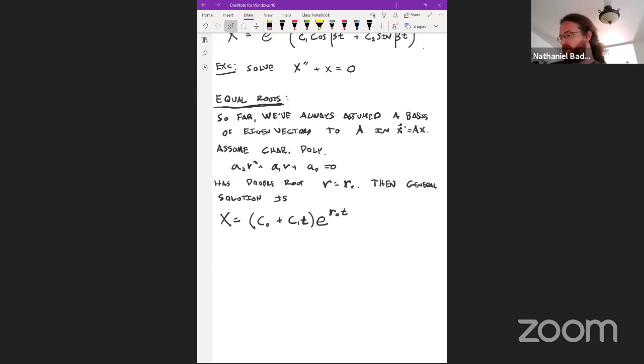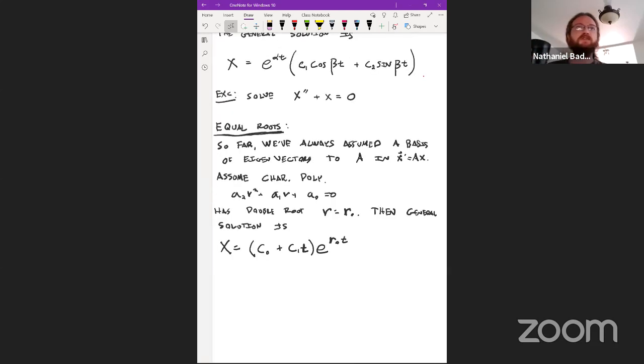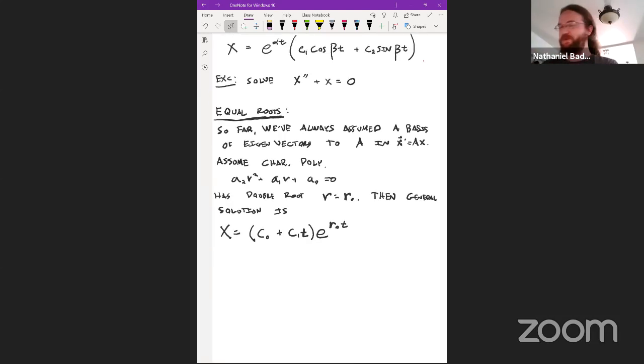So how many people have seen these higher order, sorry, higher order linear homogeneous differential equations? So at least one. Okay, about half.